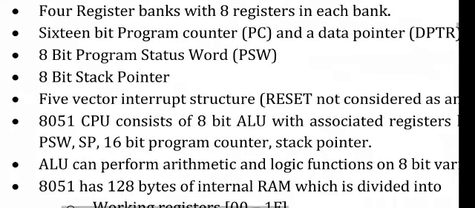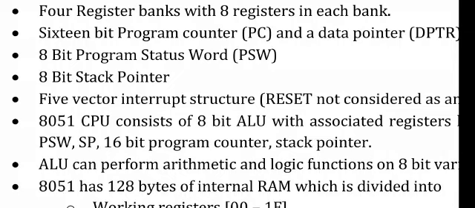It has 5 vector interrupts, in which the reset is not considered. We know what interrupts are in the 8051, but here the names of the interrupts are different from the 8085: 2 timer interrupts, 1 serial interrupt, and 2 external interrupts.